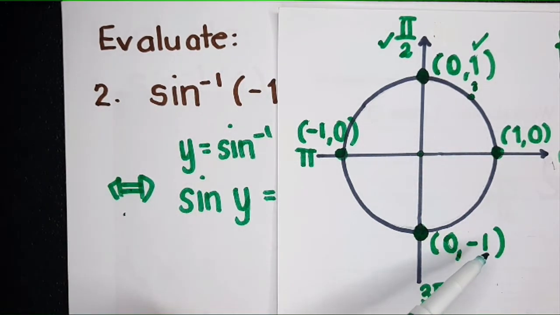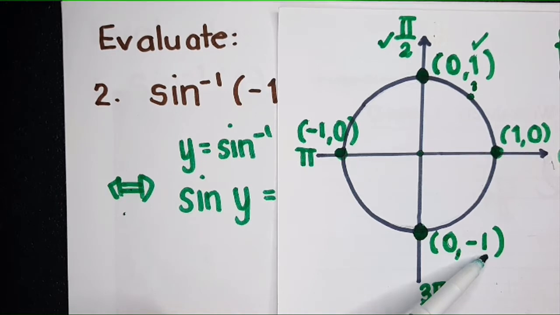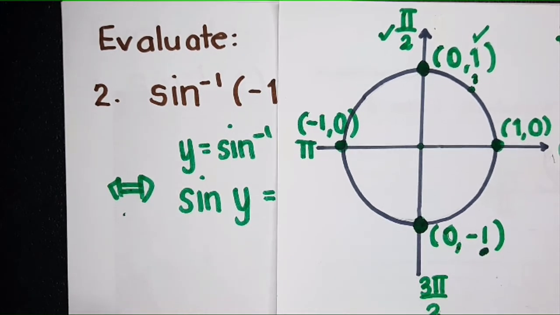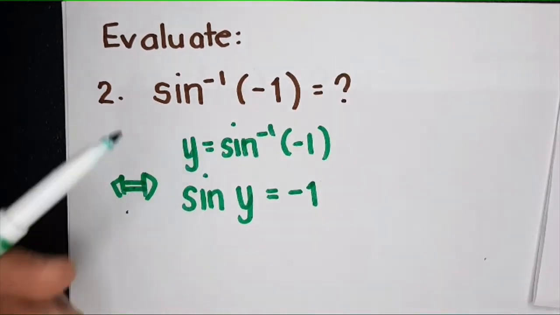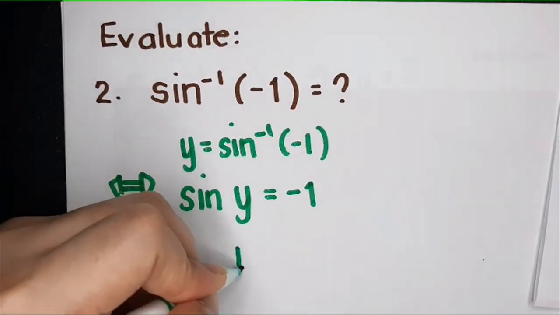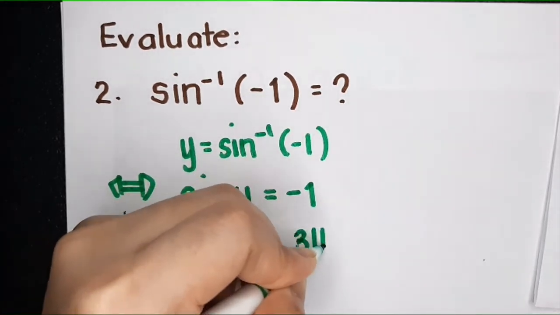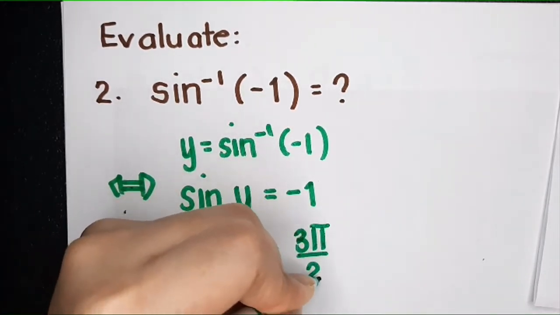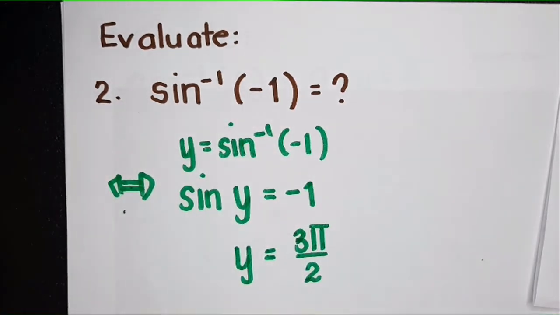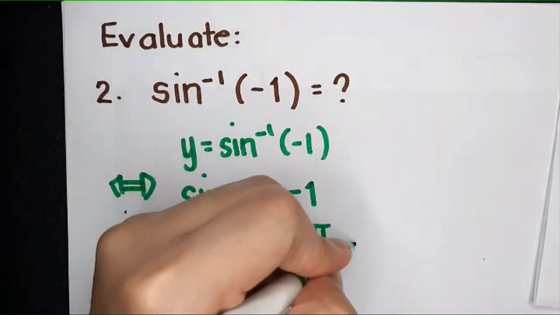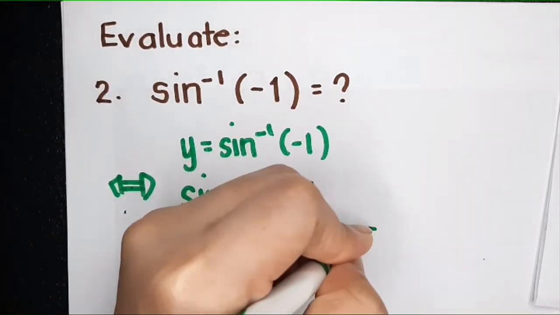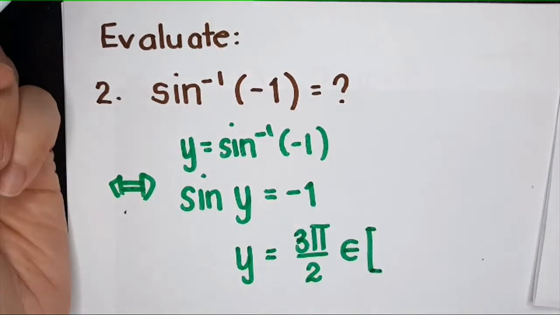Ito yun, di ba? Okay? So, ang ilalagay ninyo, 3 pi over 2. Di ba? So, ang tanong, tama ba na 3 pi over 2 ang sagot? O, so, syempre, tatanungin nyo, is this an element of the range of your inverse sine?